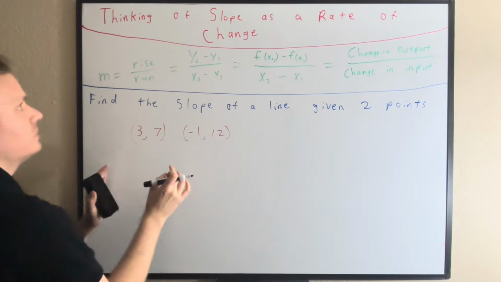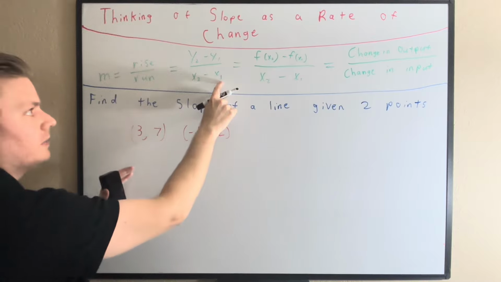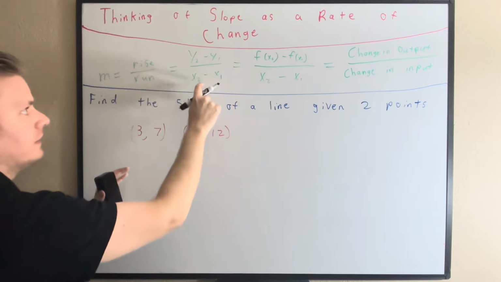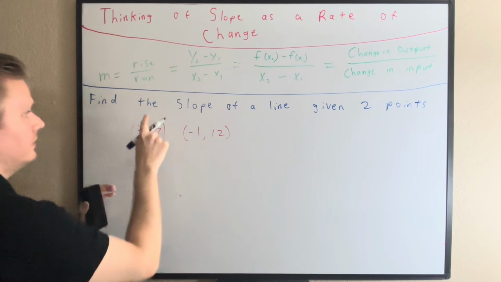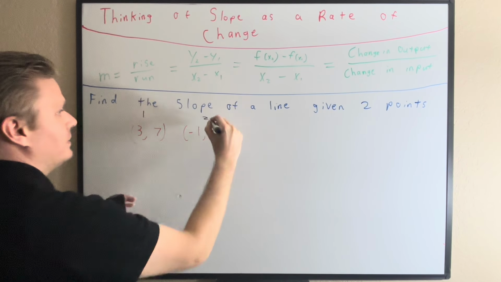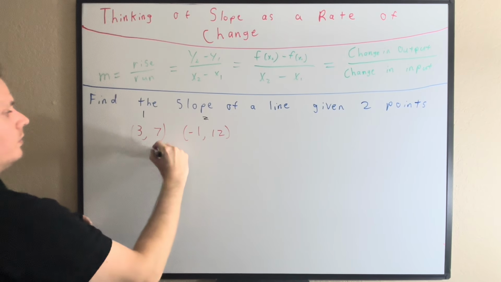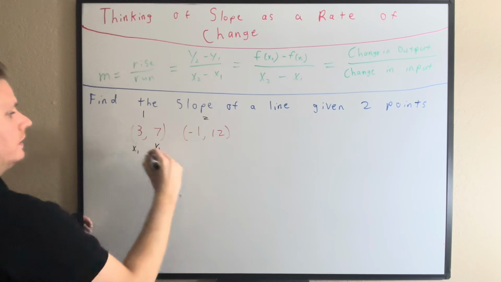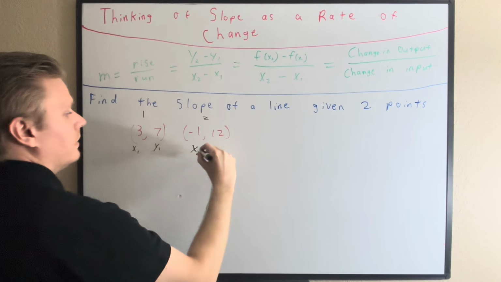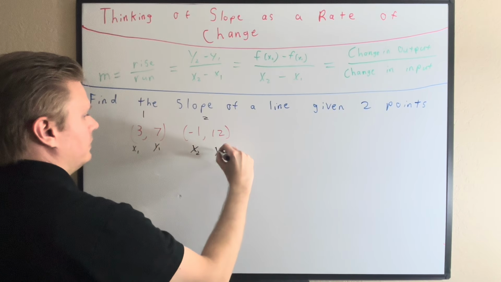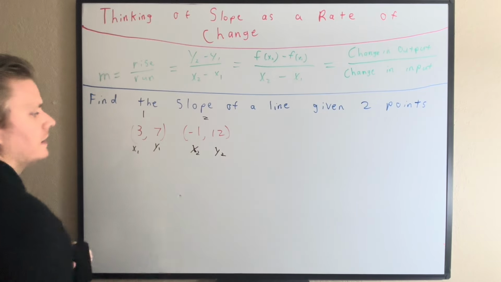So which point do you want your 1 to be? That's what the subscript number stands for. It's the 1 and the 2. So pick the 1 point and the 2 point. So if this is the 1 and this is the 2, right, then we have y1, x1, x2, and y2, right?